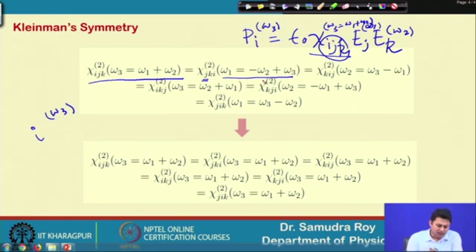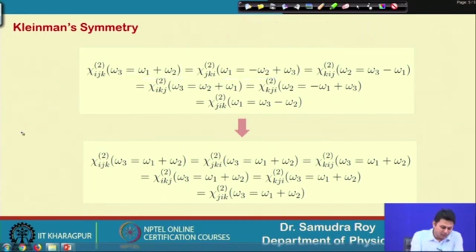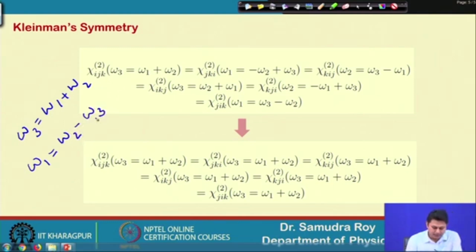So, omega j, which is related to omega 1, can be represented as omega 3 minus omega 2. We know that omega 3 can be represented as omega 1 plus omega 2, so if I want to write omega 1, it should be omega 3 minus omega 2, which is this term.